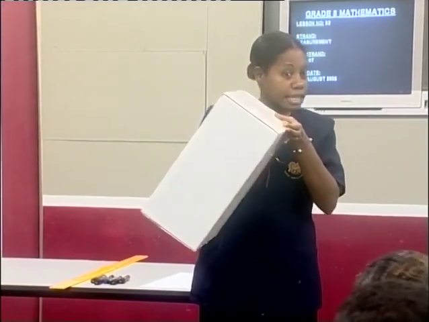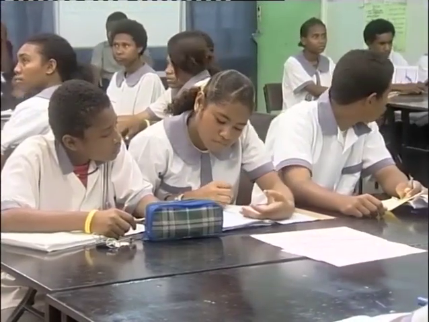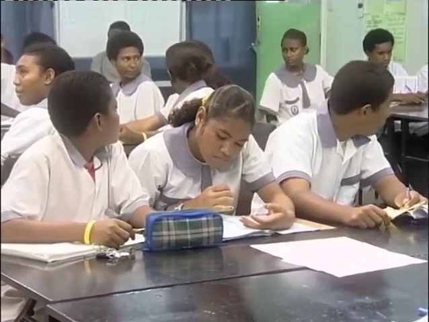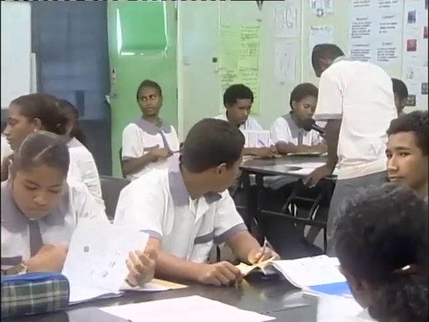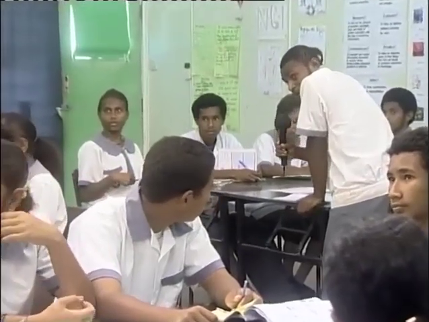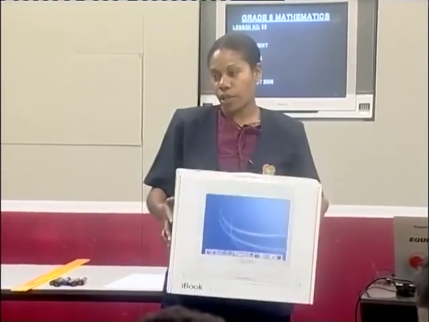Okay, good. Peter said rectangular prism. What else can we call this? Yes, Eddie? Cuboid, very good. So we can say a rectangular prism or a cuboid.